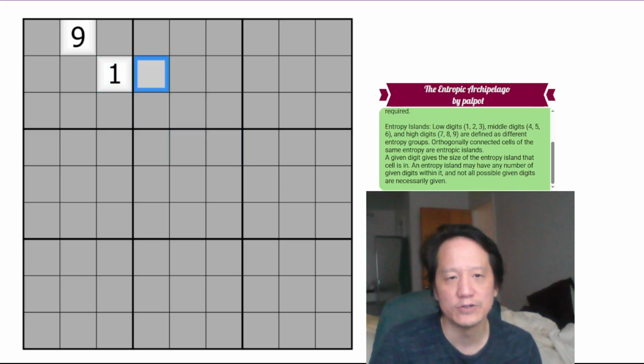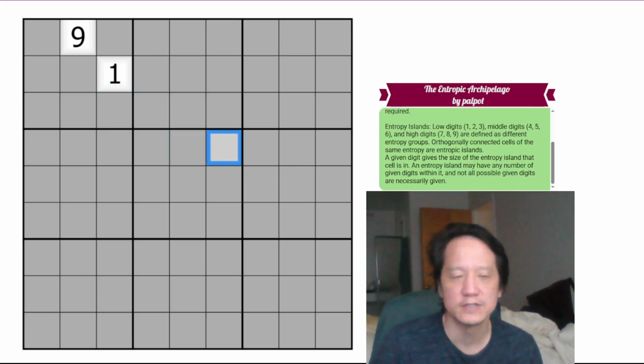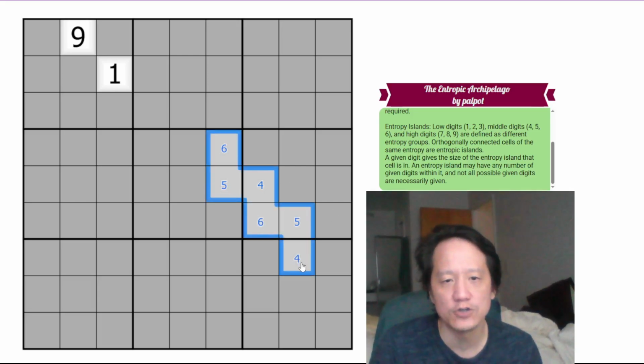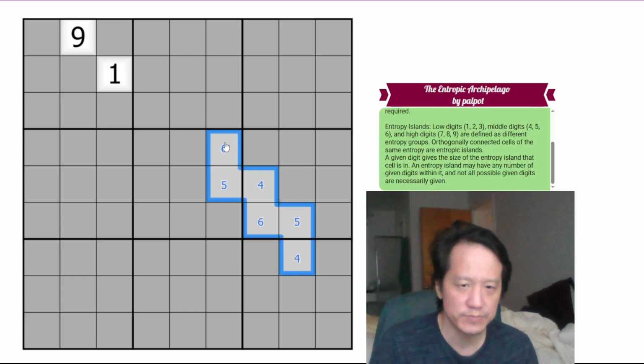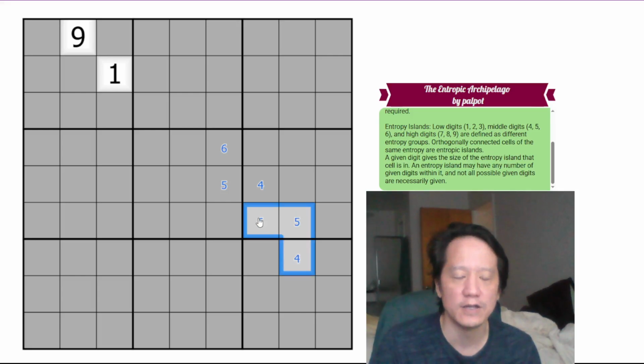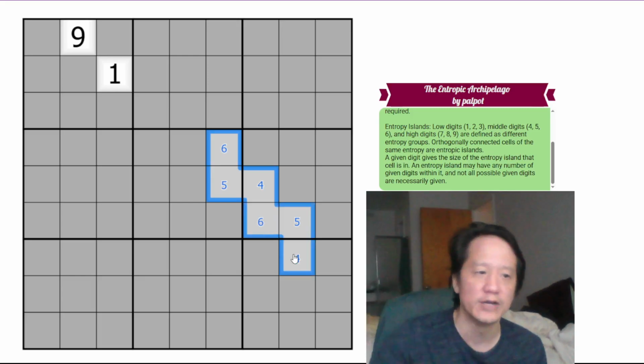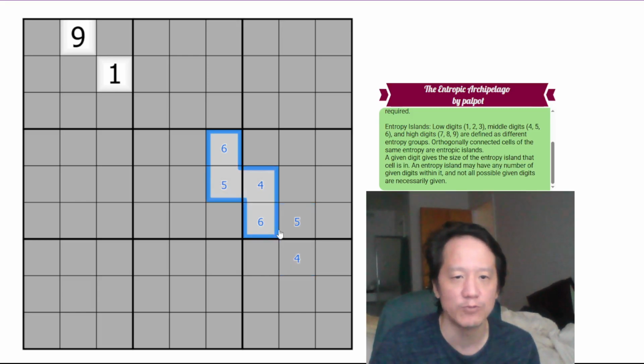I guess we could do something like 4, 5, and 6 here, and something separate, so 4, 5, 6, 5, 4. This would be a valid entropic island of size 6, because basically every cell on the island can connect to any other cell on the island just by going through edges, and staying within that island.